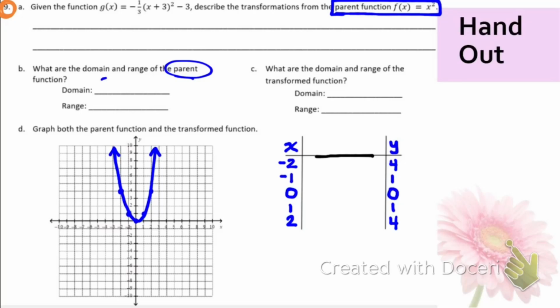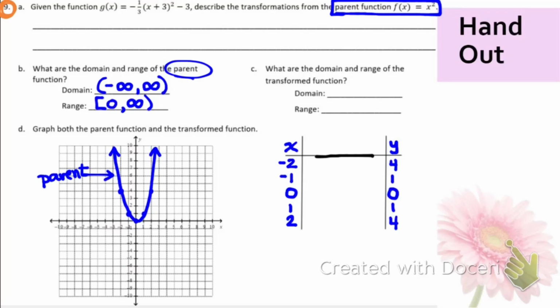Negative infinity to positive infinity, all real numbers. What's the range? 0 to positive infinity. Every single parabola has this as the parent. Anytime they say sketch the parent, that's this guy. Every single time.